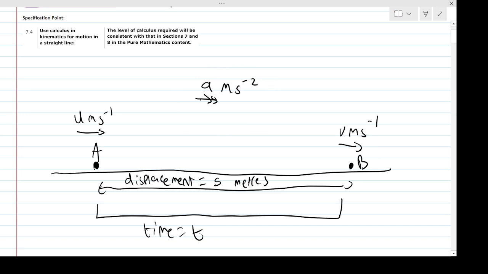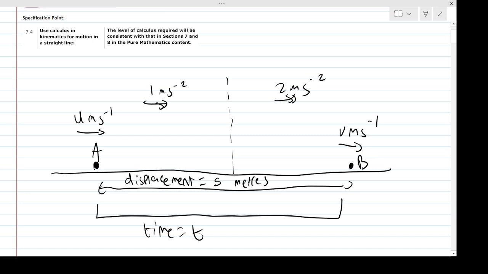But what we're going to be looking at is what if acceleration is not the same throughout an object's journey? What if instead we have two different accelerations, let's say 1 meter per second squared, and then halfway through we get to 2. So the acceleration changes halfway through. What we'd have to do there is apply Suvat to each half of the journey.